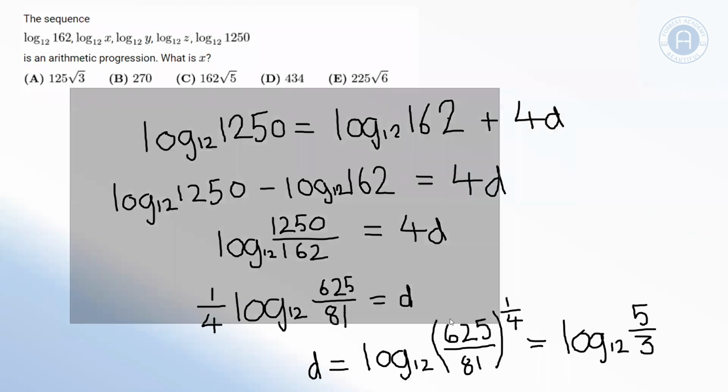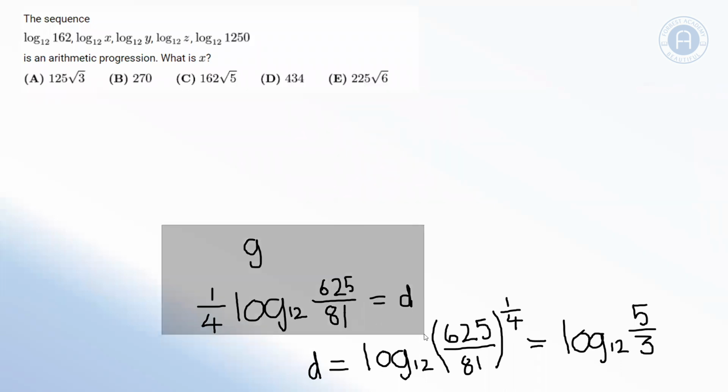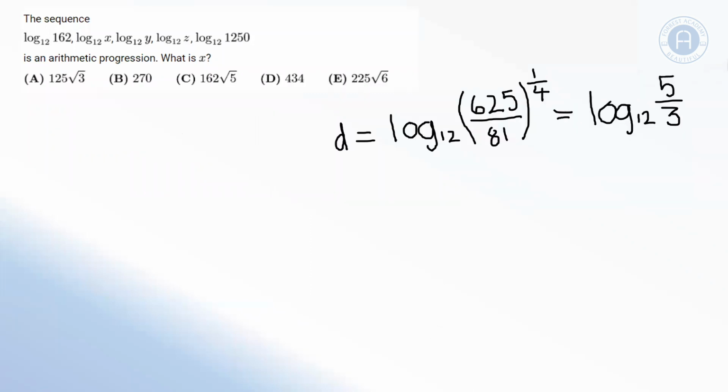So we've been asked what our value for x is. Now we have a value for d, we can work out what that value of x is. Now we remember from the beginning, x is our second term in our arithmetic sequence, so that must be equal to a plus d.